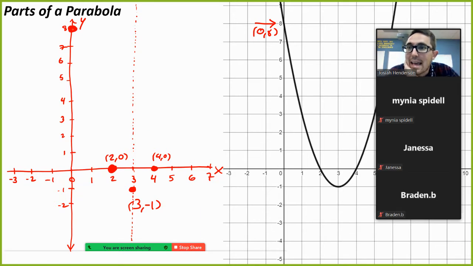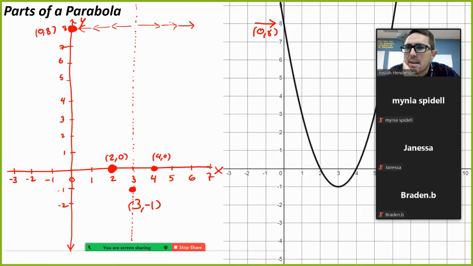And so that 0, 8 up here, this location is going to be 1, 2, 3 spaces away at the same height. So I'm going to try to measure that out. I'm going to go 1 space to the 4, which is right below it, and then 1 more space to the 5, and then 1 more space to the 6, just like there's 3 spaces away on the other side.